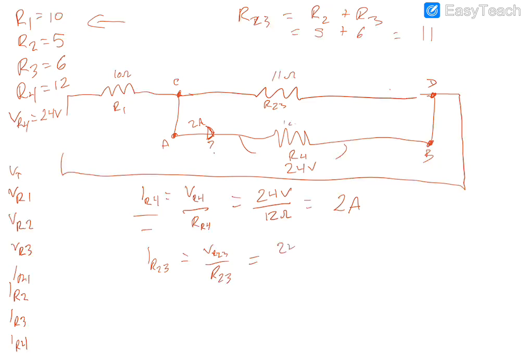That would be 24 divided by 11, which is equal to 2.18 amps. So we know that we've got 2.18 amps going through that line.